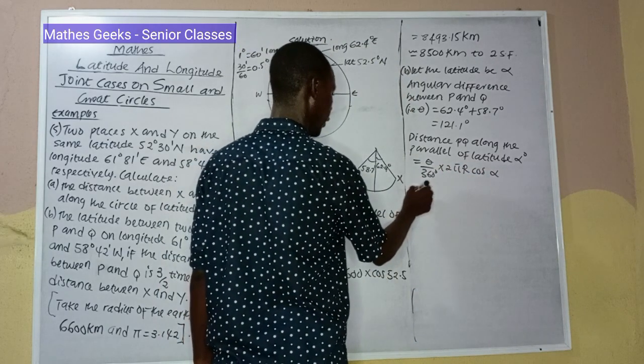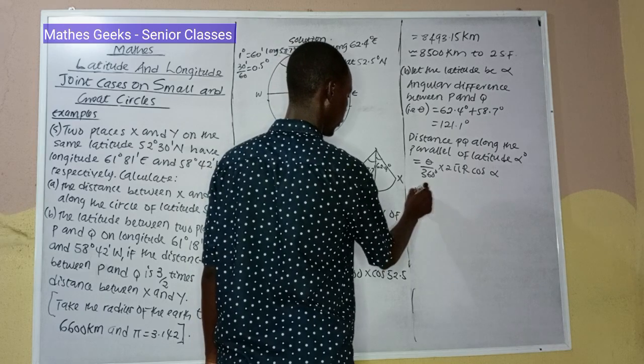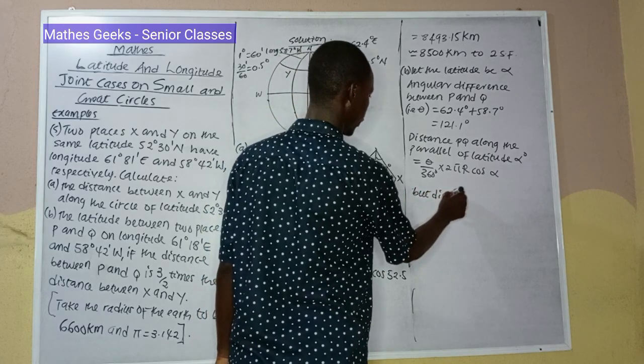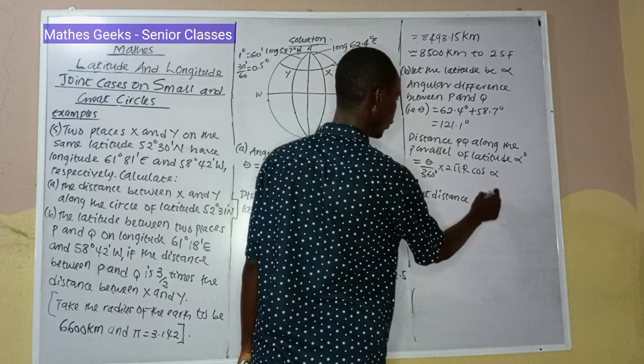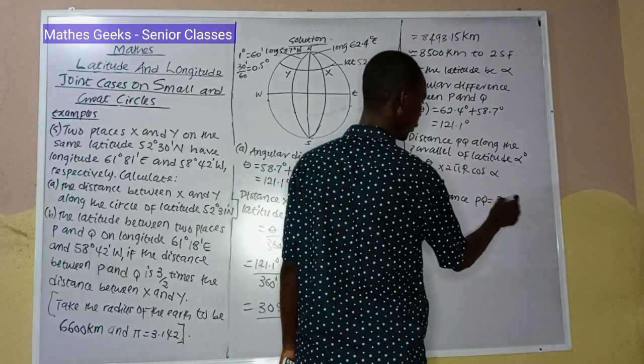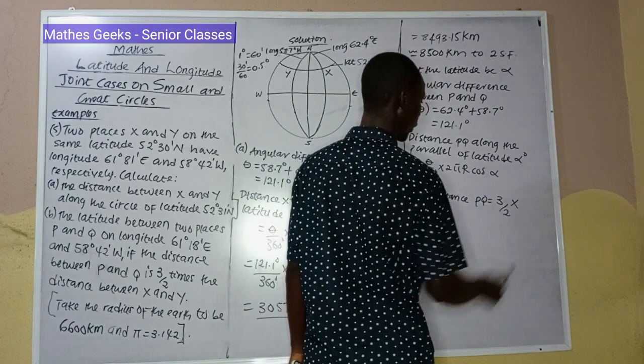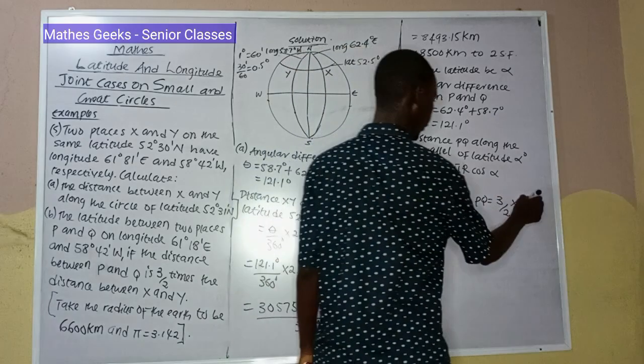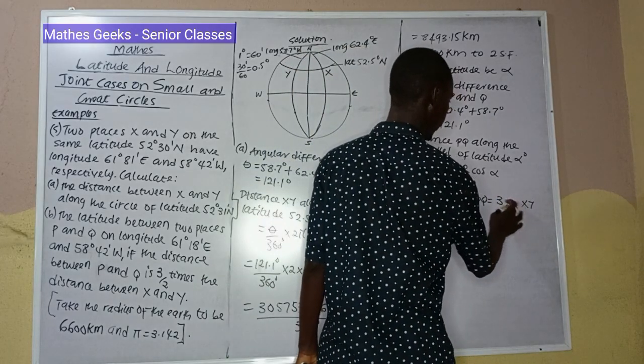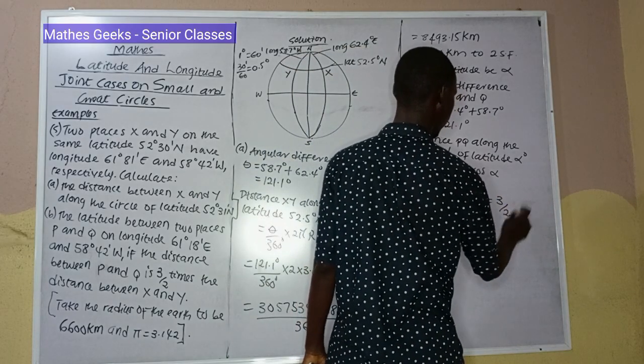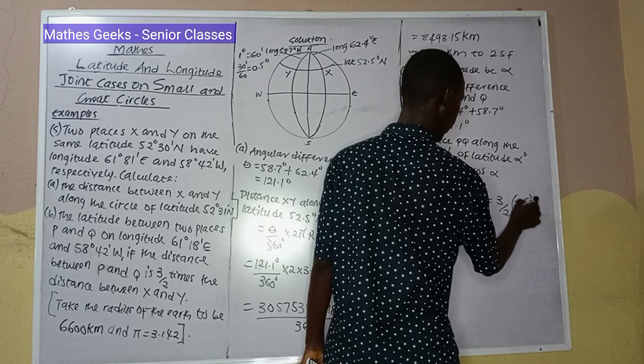But that distance PQ is equal to 3 over 2 times the distance XY.